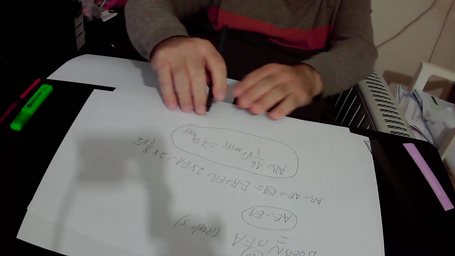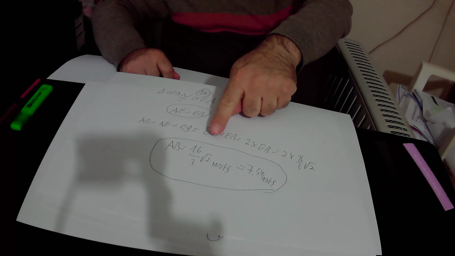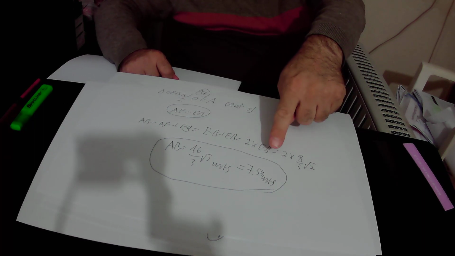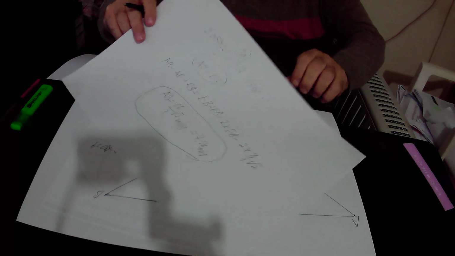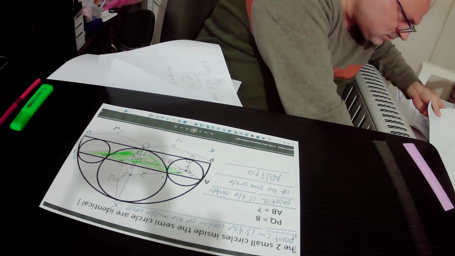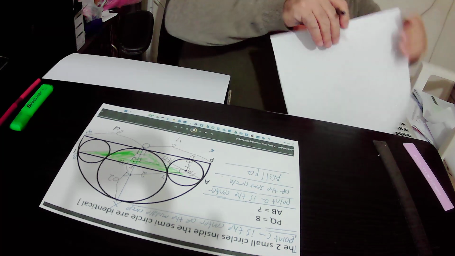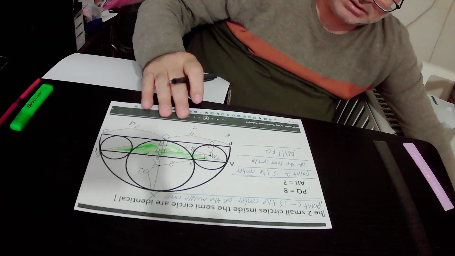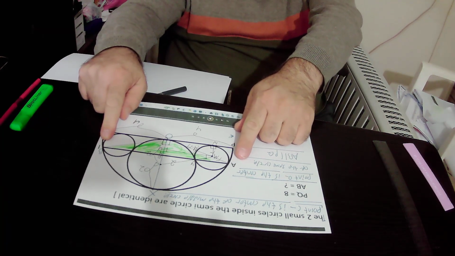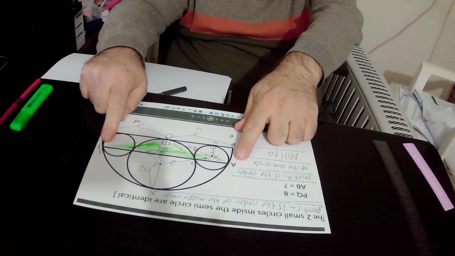Again, chord AB equals 16 over 3 times square root of 2 units, or in terms of numbers, 7.54 units. I will show it also in the original drawing.